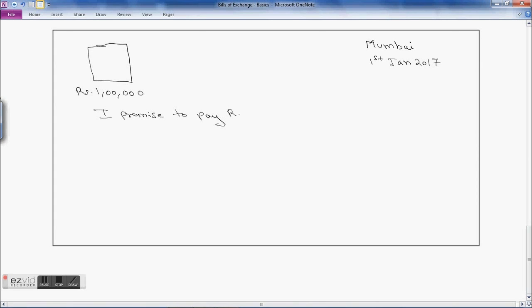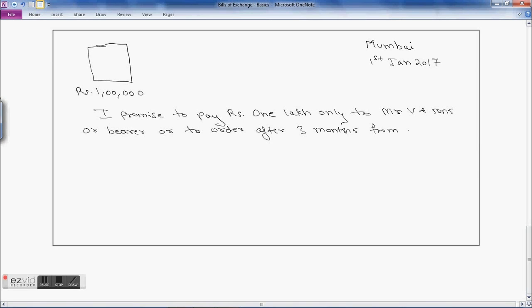I promise to pay rupees 1 lakh only to Mr. V and Sons, or bearer, or to the order, after 3 months from the date of note.